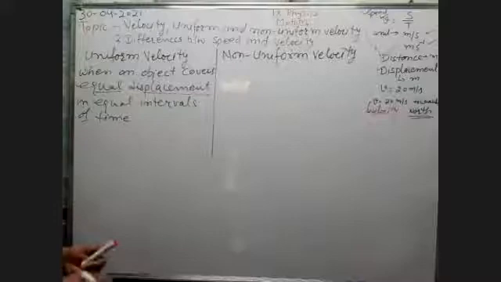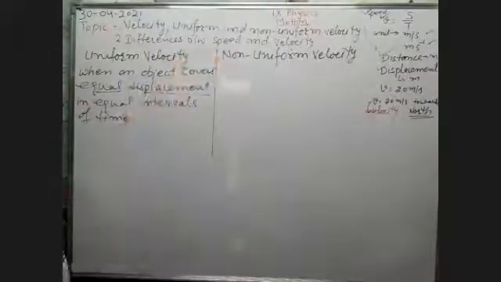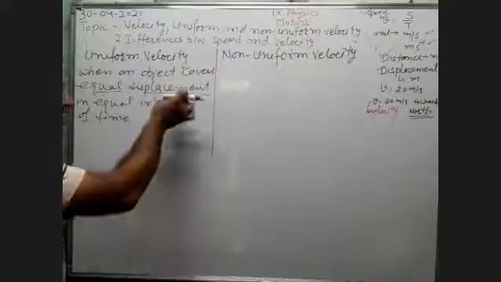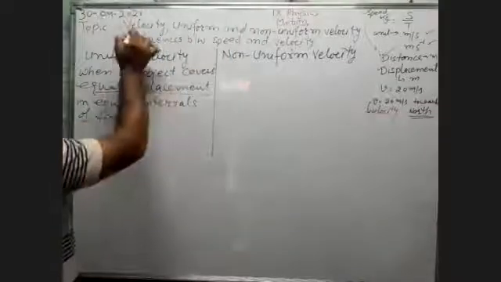In short, displacement is nothing but distance with a particular direction. Distance with direction is known as displacement, and speed with direction is known as velocity.